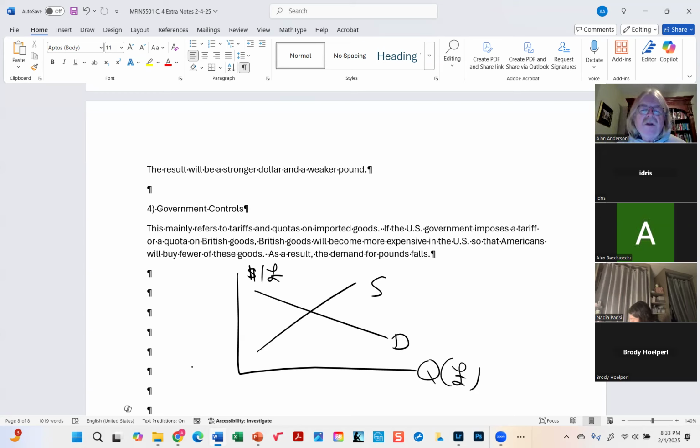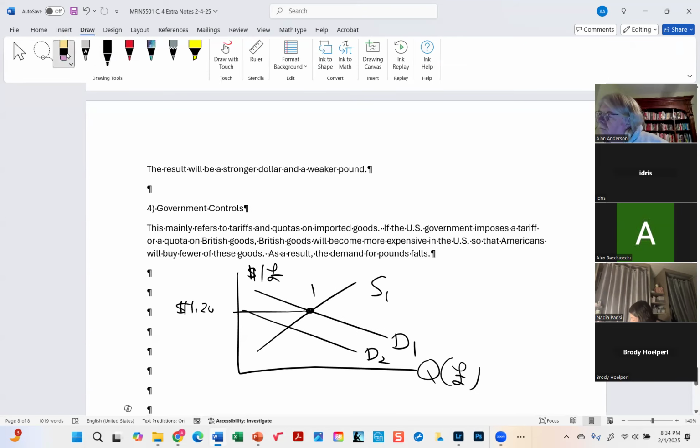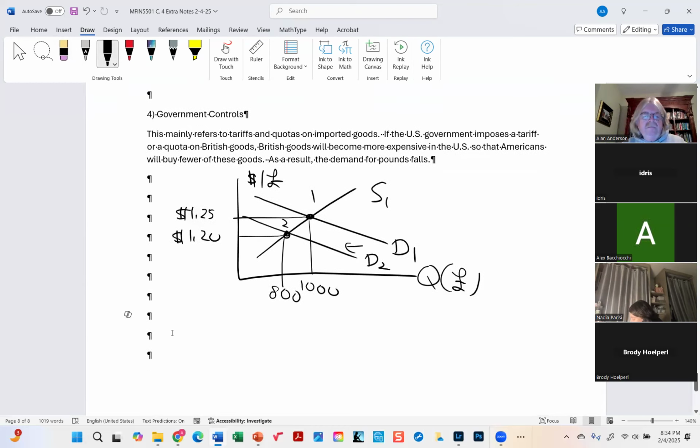So if the demand for British pounds is going down, that means the dollar gets stronger and the pound weakens.